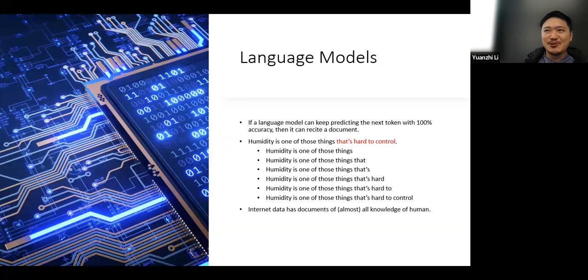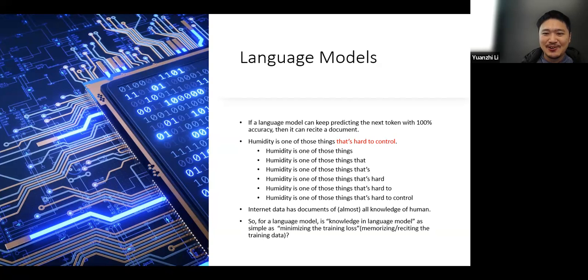If a language model would be able to recite the next token of all that knowledge, would we call it a model that masters or understands all the knowledge of human society? In other words, for a language model, does minimizing the training loss, or just being able to recite its training data, suffice, or can we consider that the language model has memorized all the factual knowledge of humans?